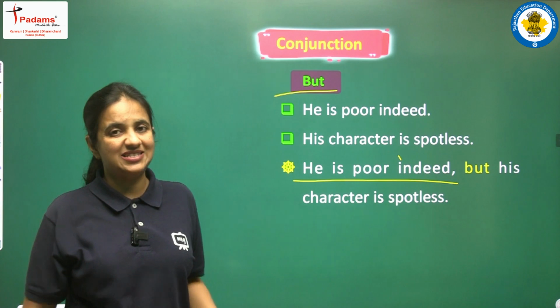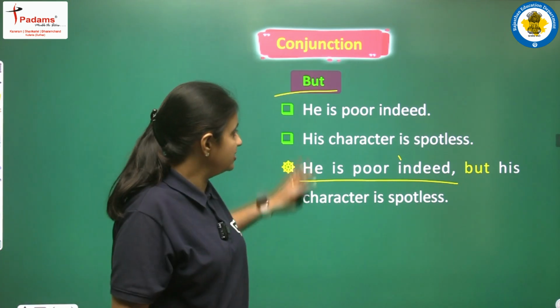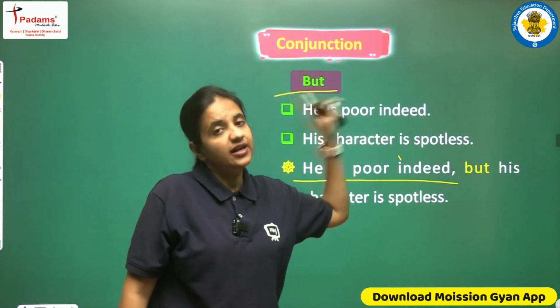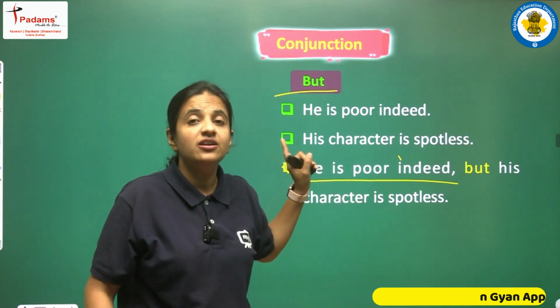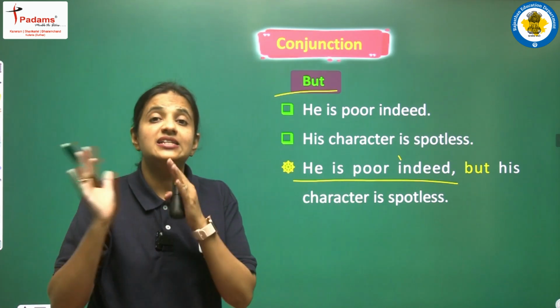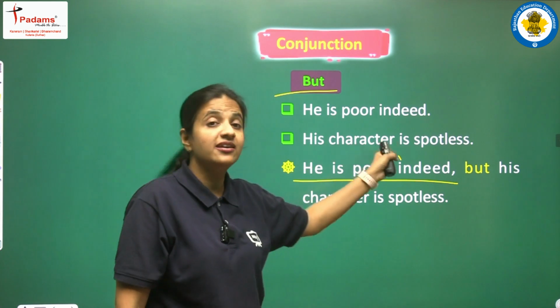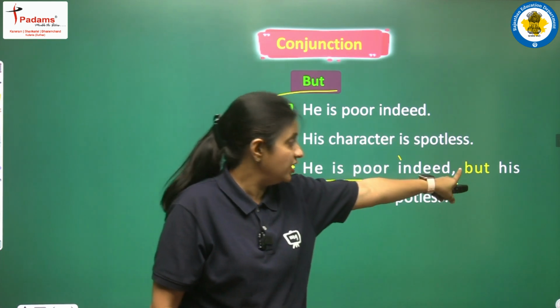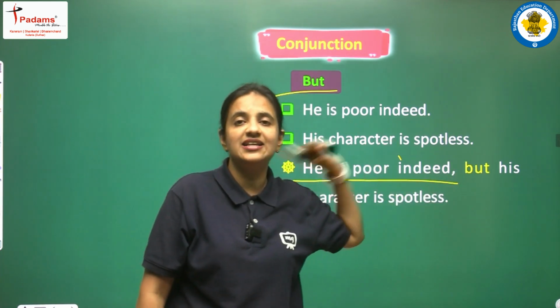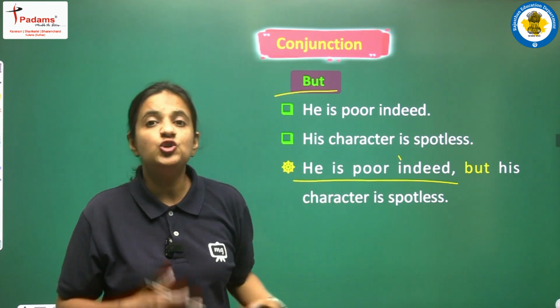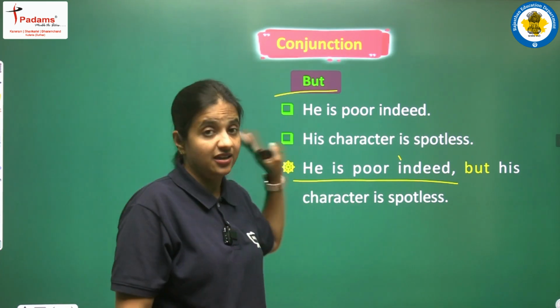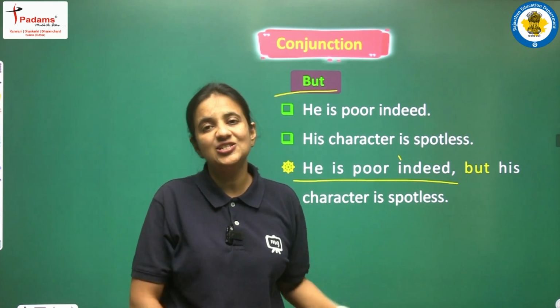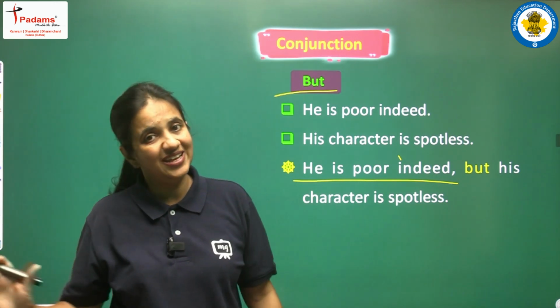So what we are doing here is showing that yes, it is true that he is very poor, but despite that, his character is spotless. So yes, we are using but here as a conjunction, and we are trying to show that he is poor but his character is totally spotless. Okay.